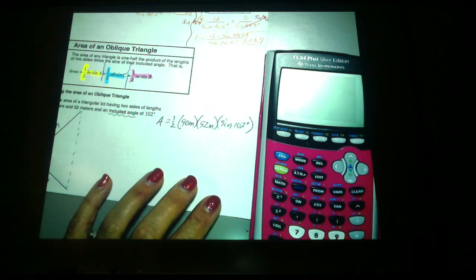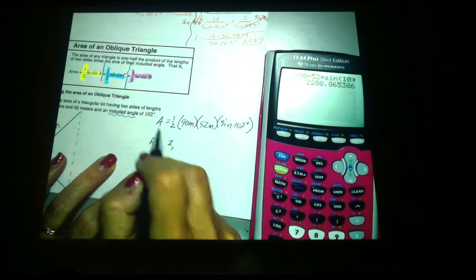So we've got 0.5 times 90 times 52 times the sine of 102. So area is equal to 2,288 point, and we'll go to 2 decimal places.